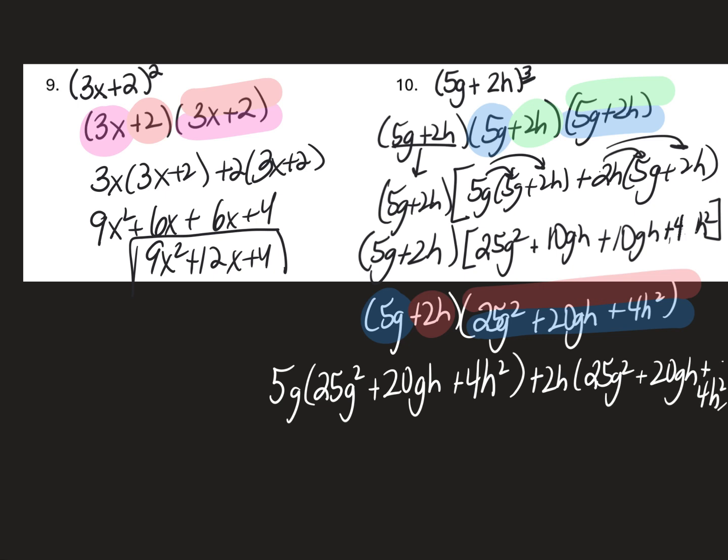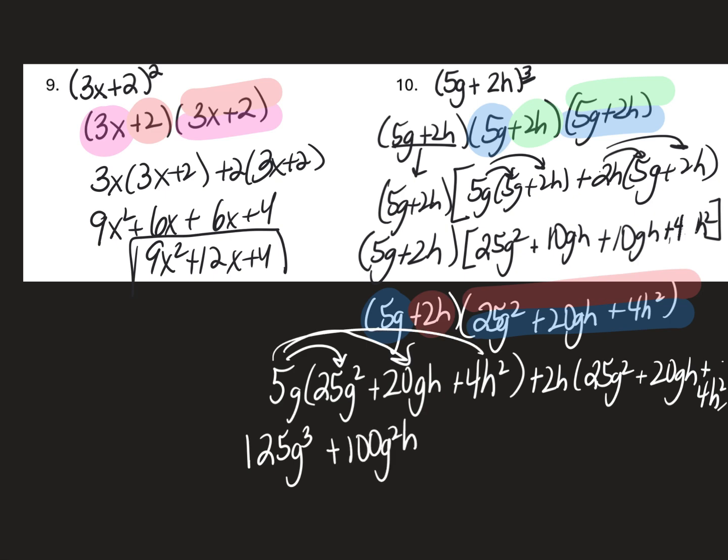Then I'm going to distribute. 5g times 25g squared is 125g to the third. 5g times 20gh is plus 100g squared h. And then 5g times 4h squared is positive 20gh squared. The next one, plus 50g squared h plus 40gh squared plus 8h cubed.